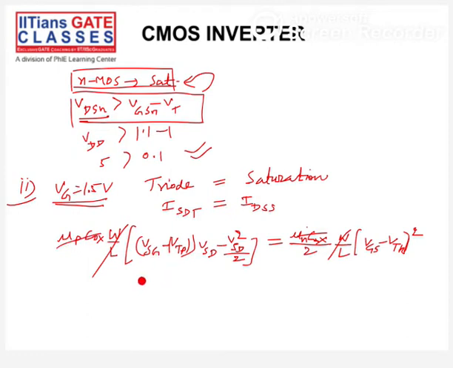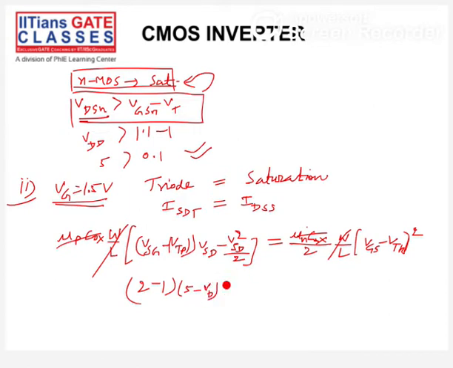So here it is 2 times VSG minus 1 volt. And VSD is how much? In this case, S means 5 volt and D means V output.